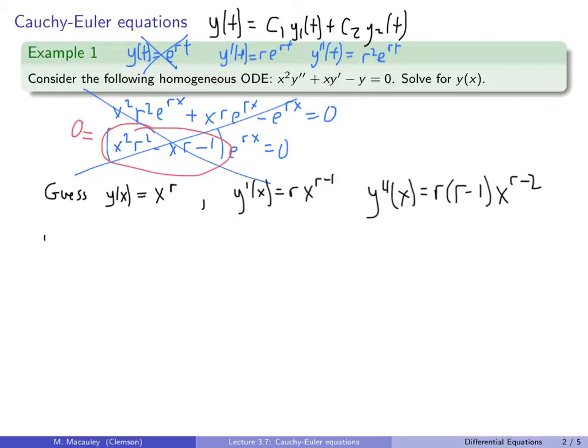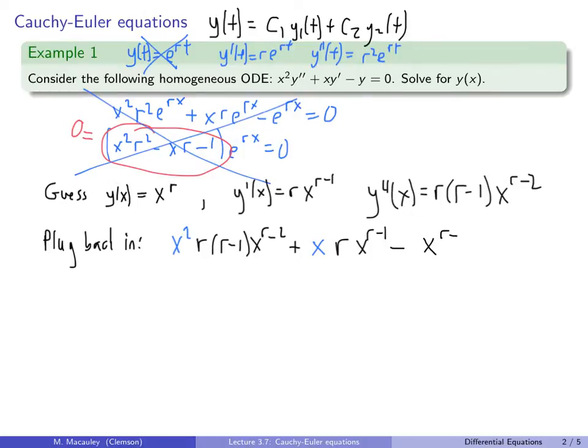In other words, when you plug back in, let's try it and see what happens. x squared y double prime is x squared times r times r minus 1 times x to the r minus 2, plus x times y prime, which is r x to the r minus 1, and then minus y, which is minus x to the r, equals 0.